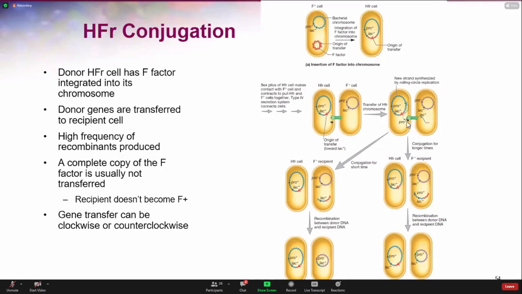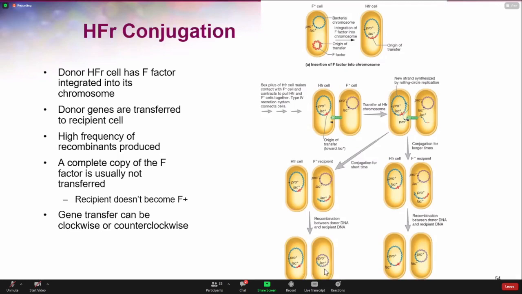If one of these genes were able to be transferred during this process, then you can have a recombination between this LAC gene and the LAC gene that you have on the genomic chromosome, resulting in this brand new recombinant bacterium that is now no longer mutant for both genes. In fact, it has acquired a wild type version of the LAC operon, for example, from the donor cell.